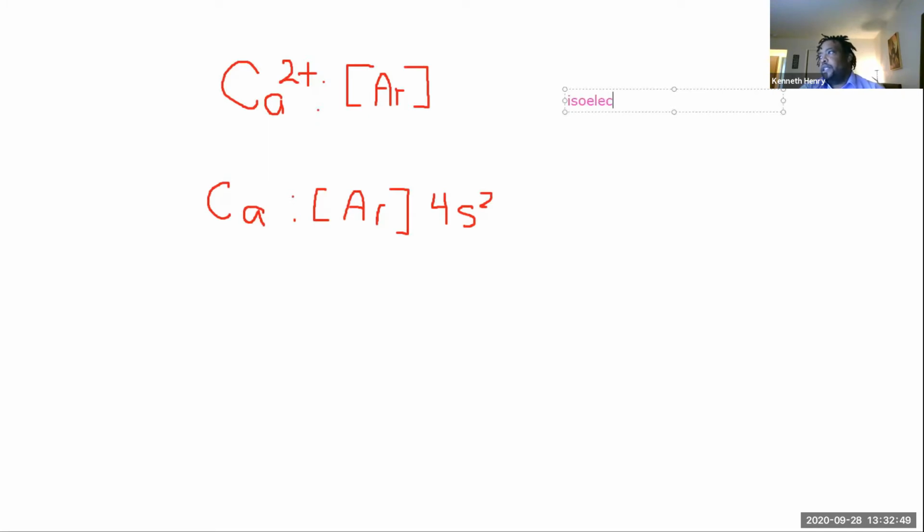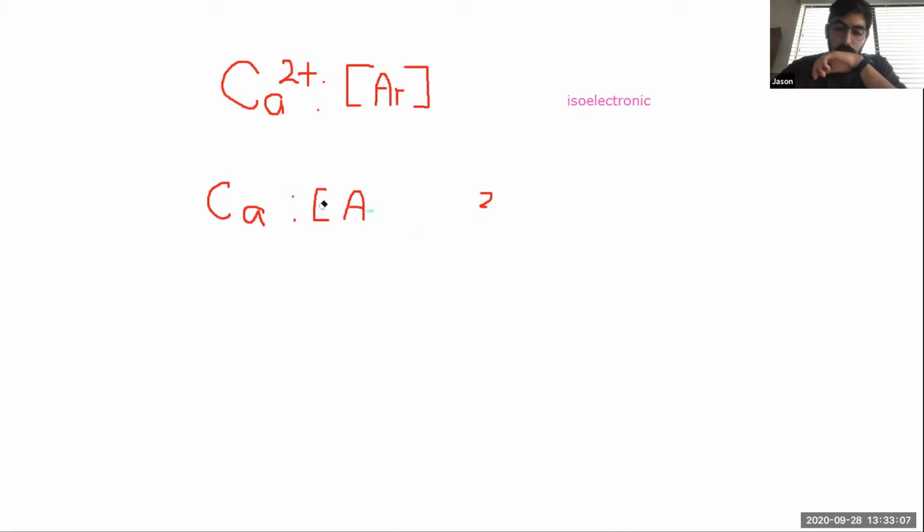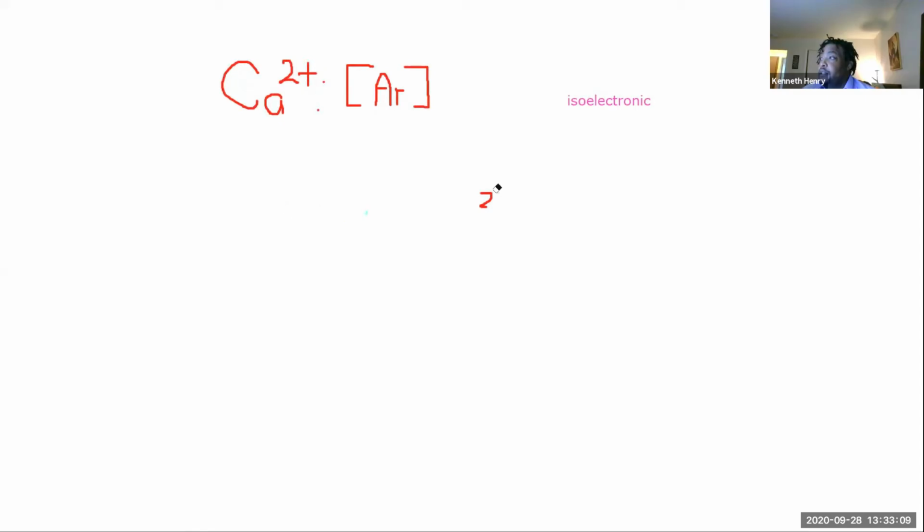Isoelectronic meaning what? Same electrons, right? So who else would be isoelectronic with calcium 2+, with argon? All of the noble gases? So you're telling me that all of the noble gases have the same number of electrons.